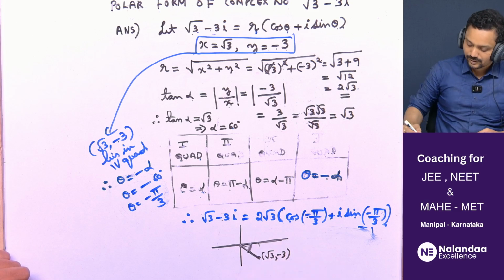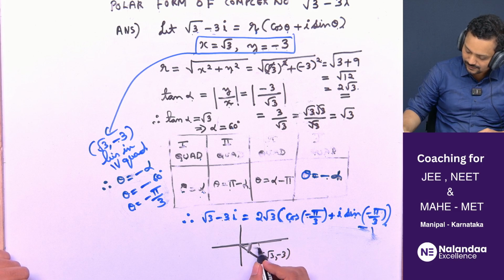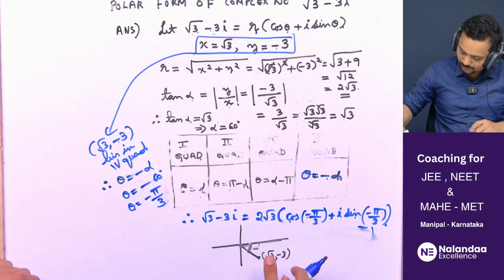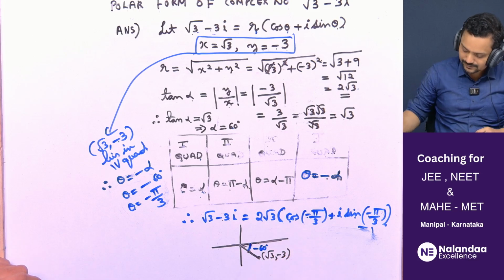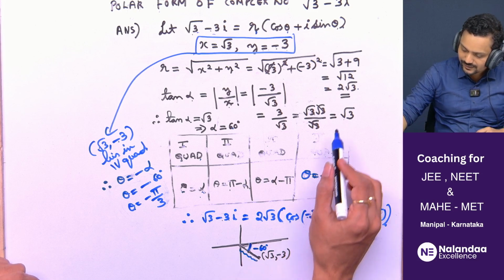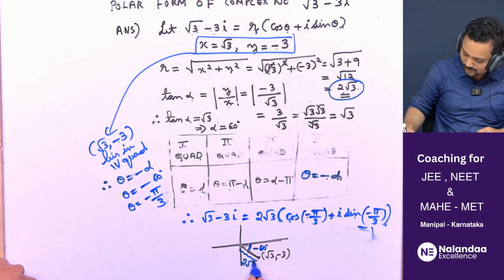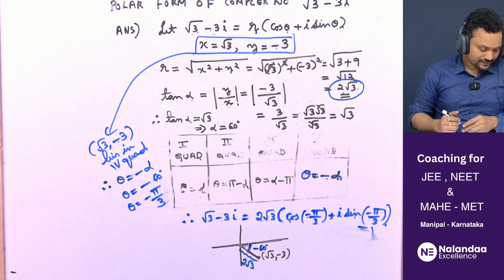So this angle is exactly minus 60 degrees, and the length of this line is the modulus of the complex number, which is 2 root 3. This is exactly what the polar form represents.